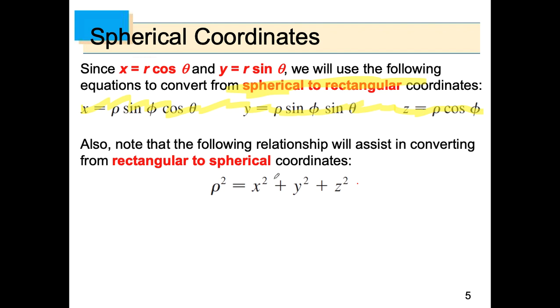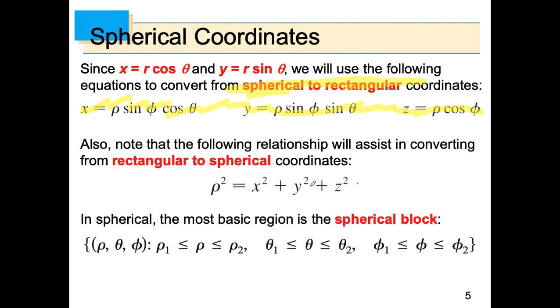This is an equation of a sphere. More specifically, we get what's known as a spherical block, because obviously we're not typically dealing with a whole sphere. Typically, we'll be dealing with a part of a sphere, or what's known as a spherical block, or sometimes even a conical block, which I'll show in a minute.